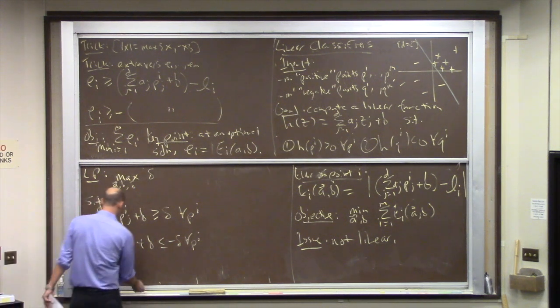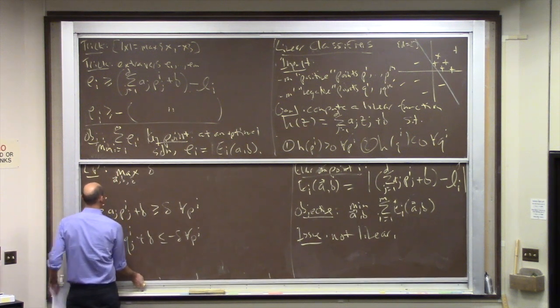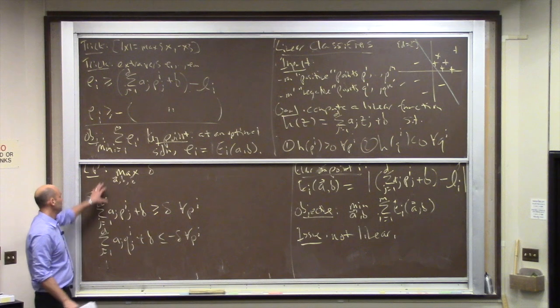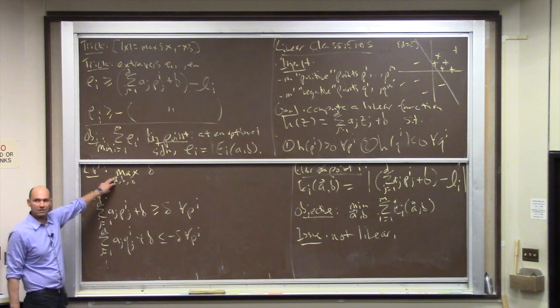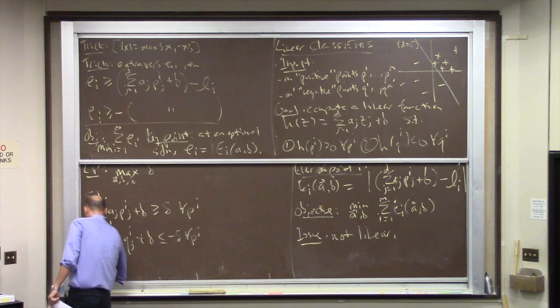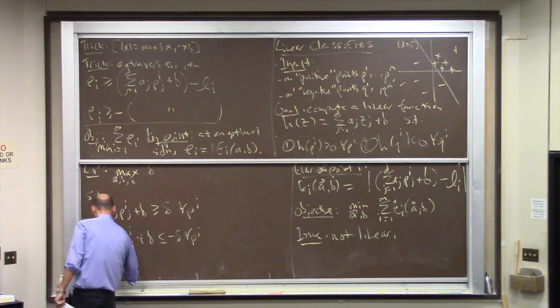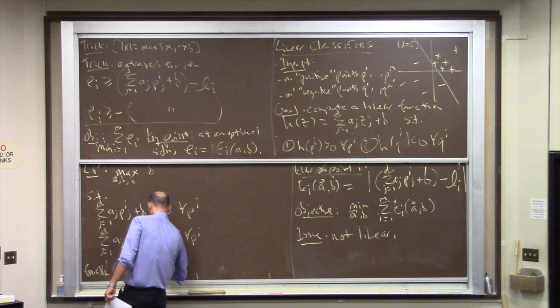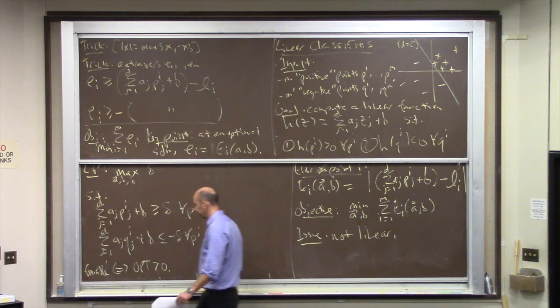And notice that there exists a solution to the original problem if and only if there exists a solution here with a positive value of delta. Okay. So feasible in the original problem if and only if the optimal value here is positive.